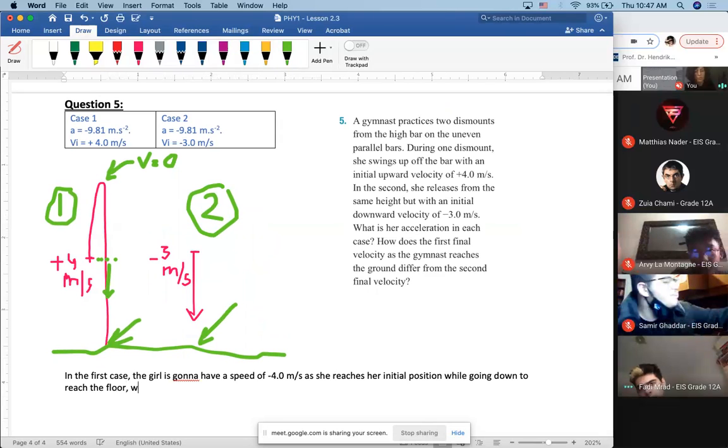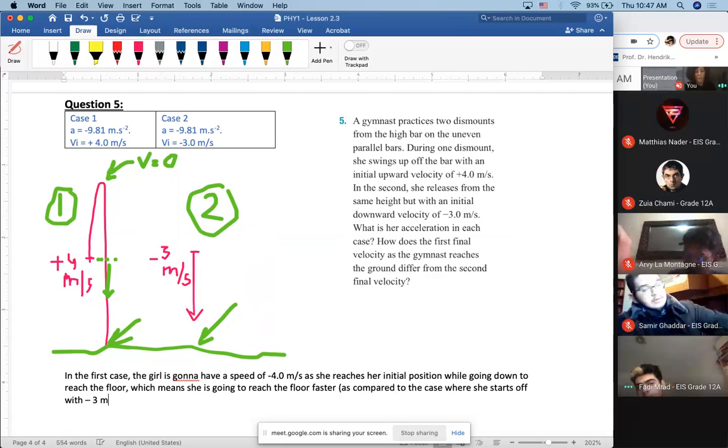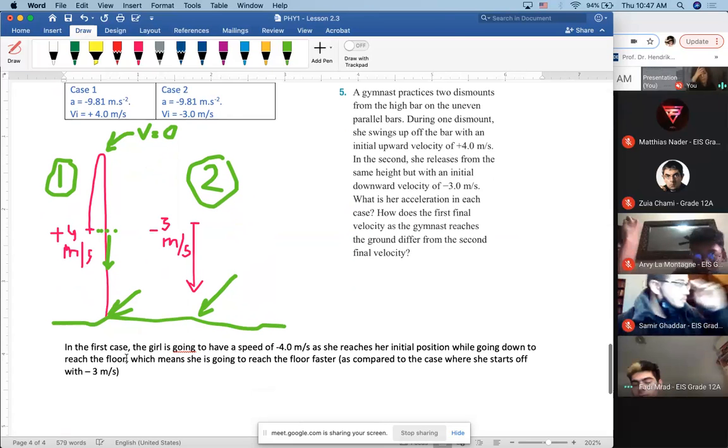Which means she is going to reach the floor faster as compared to the case where she starts off with -3 meters per second. Okay, so the first case, the girl is going to have a speed of -4 as she reaches her initial position while going down to reaching the floor.